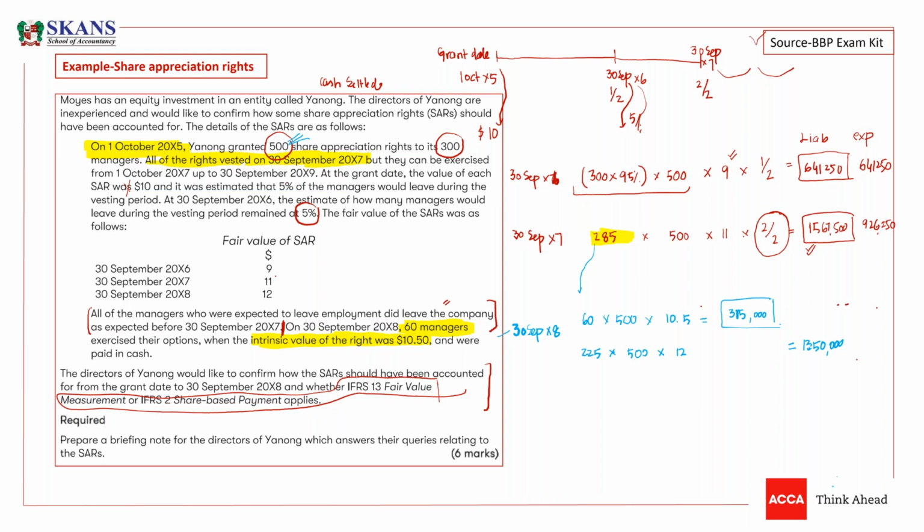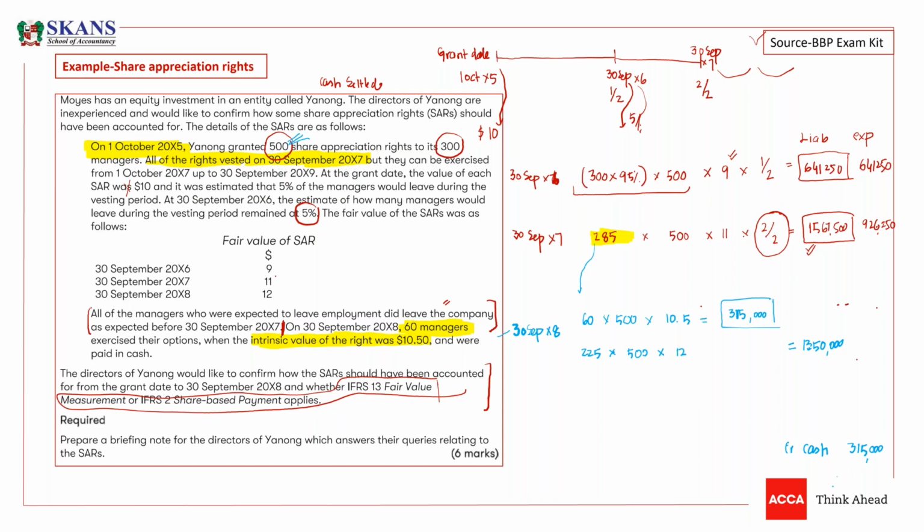So if our cash is reducing, what does it mean? I have to credit cash. By how much? By 315, because this is the amount that I'm actually paying to the employees who have exercised their rights.